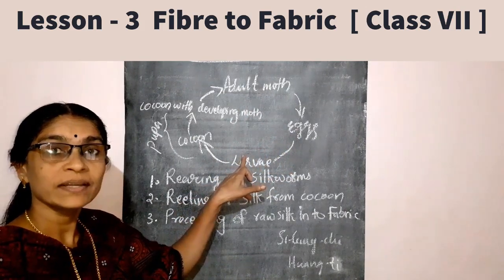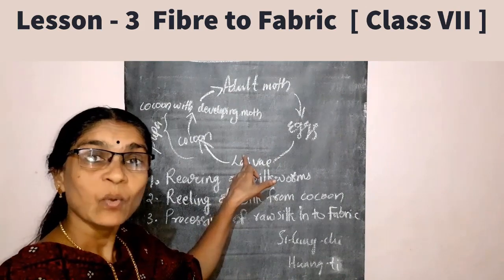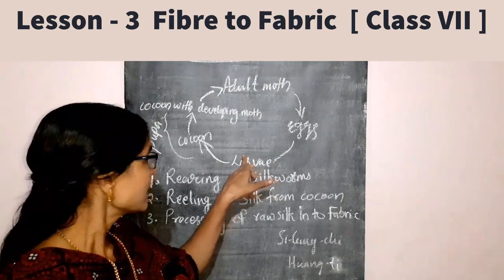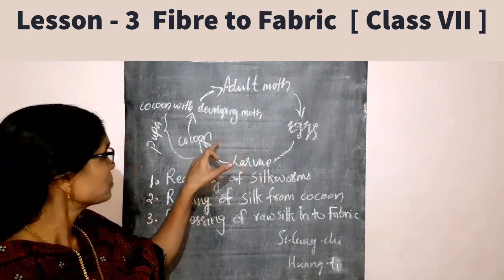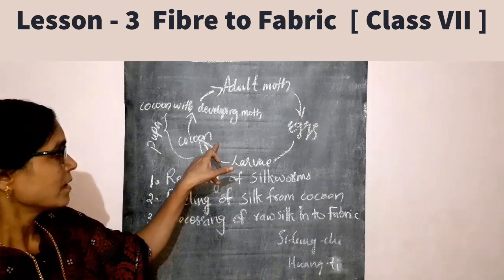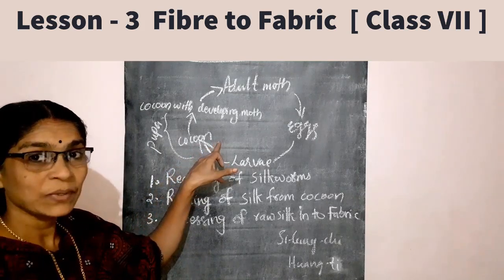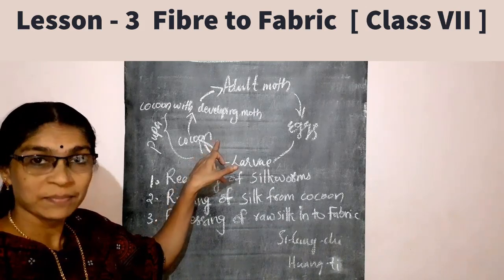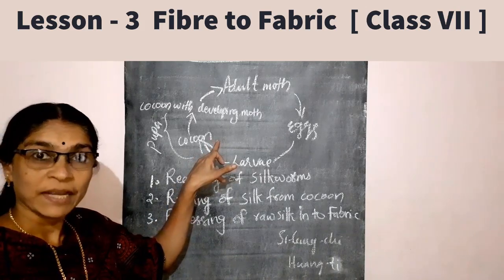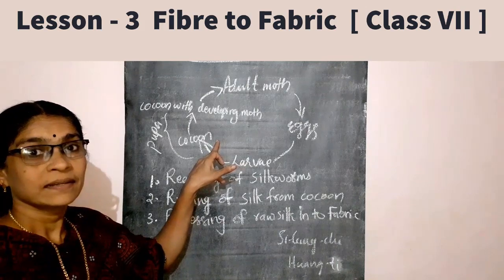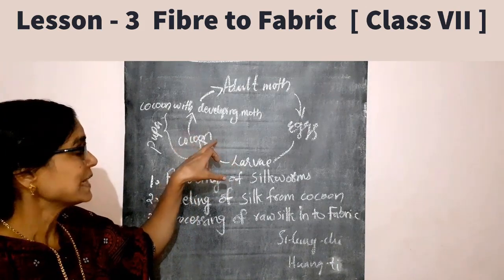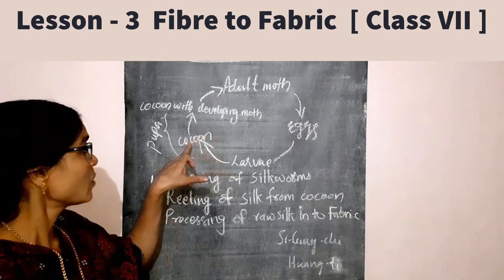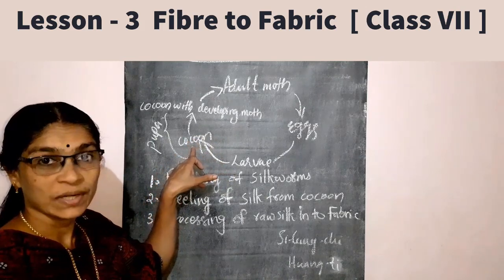That larva is called either a caterpillar or silkworm. Then the larva starts to produce a covering around its body. That covering is made by the secretion of fibers, which are made up of protein. It completely holds its body inside the cover. At that time we call that shape a cocoon.